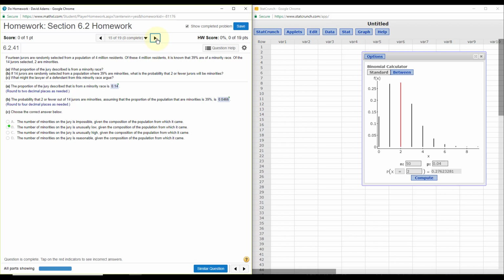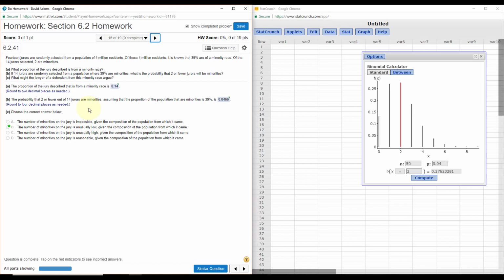So the proportion of the jury described that is from a minority race is 0.14. How did I get that? 2 divided by 14. Now, find the probability that 2 or fewer out of the 14 are minorities, assuming that the overall proportion of minorities in the population is 39%.